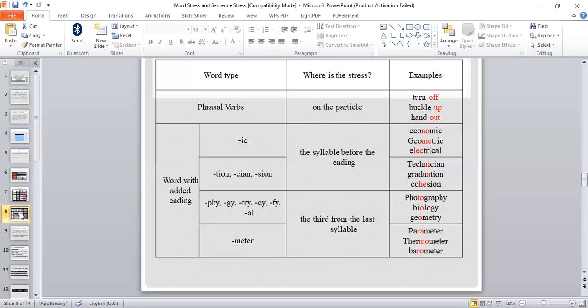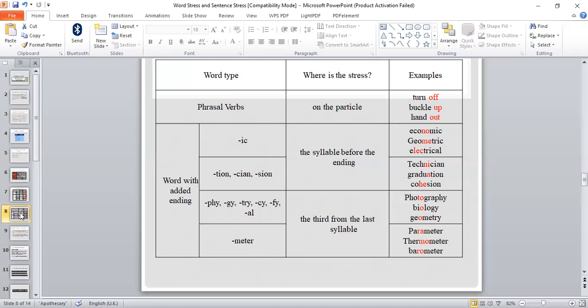Now, if you have words ending with some suffixes, for instance, words ending with IC, the stressed syllable comes on the syllable before the last. That is, if you have it in three-syllabic words or four-syllabic words, you count your syllables down: 1, 2, 3.